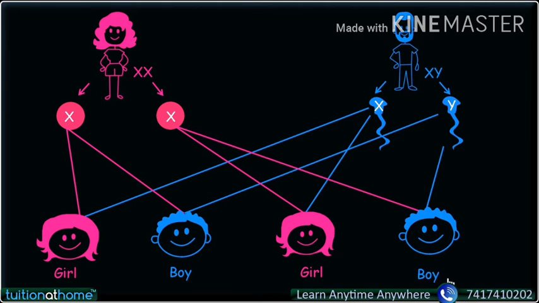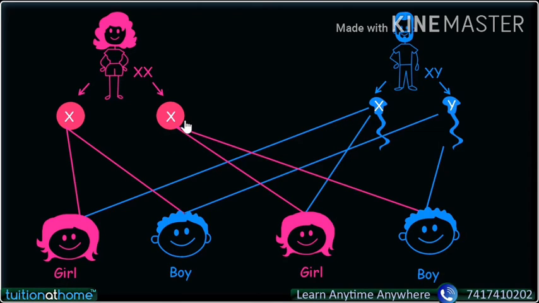So now you know it all depends upon the father, meaning it all depends upon the kind of sperm which is going to be fused with an X cell, because the egg cell will always have an X chromosome. It cannot decide the gender of a baby.